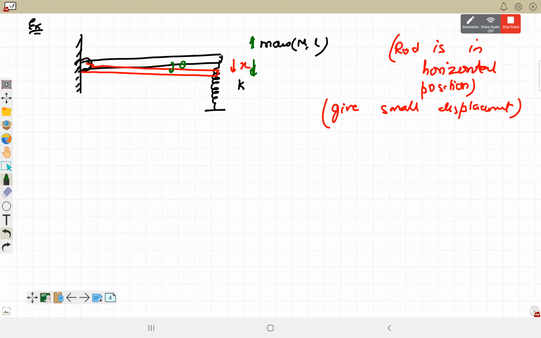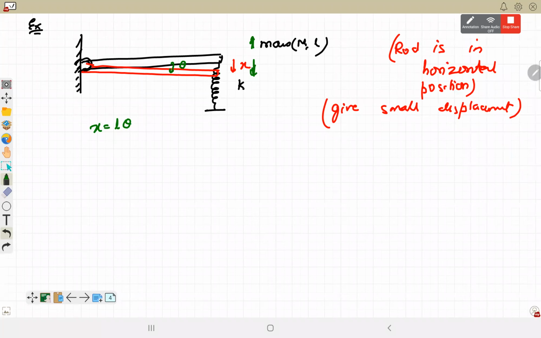बेटा ये समझ में आ रहा है? Yes, sir. So if you give a small displacement, length is L, x और L में क्या relation होगा? x can be written as L theta. Arc length is radius into angle.